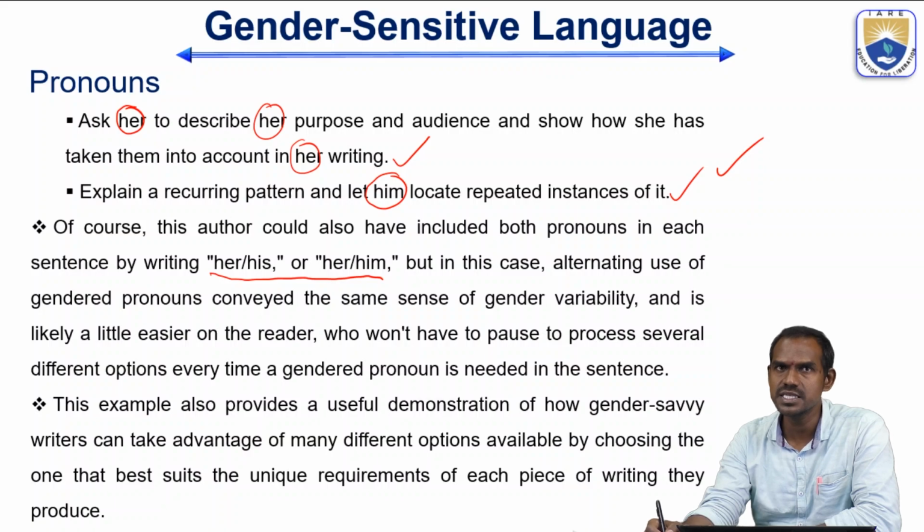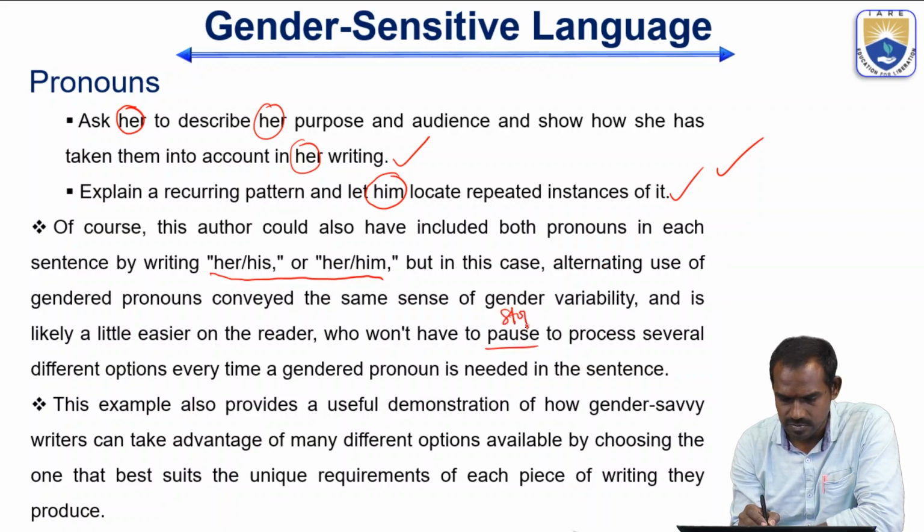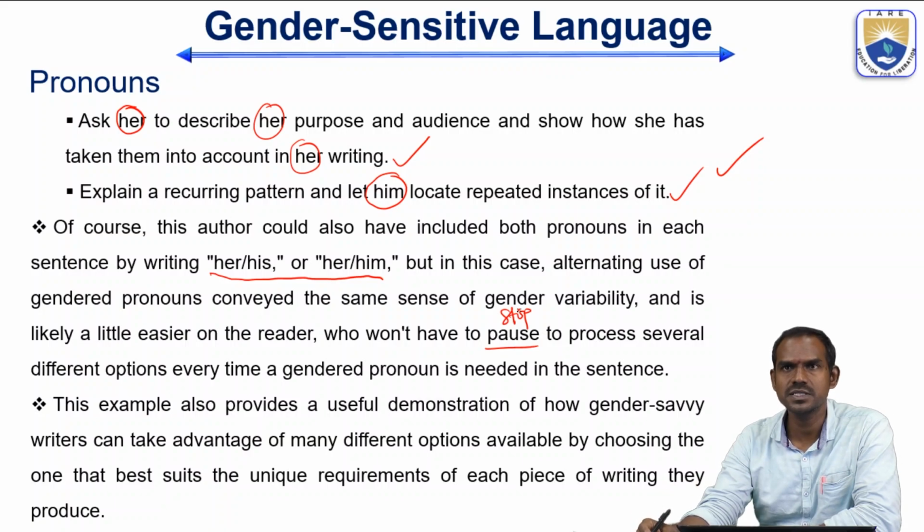a little easier on the reader, who won't have to pause, who won't have to stop, to process several different options every time a gendered pronoun is needed in the sentence. Here pause means stop.